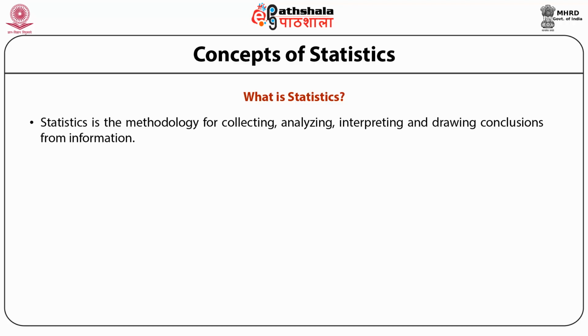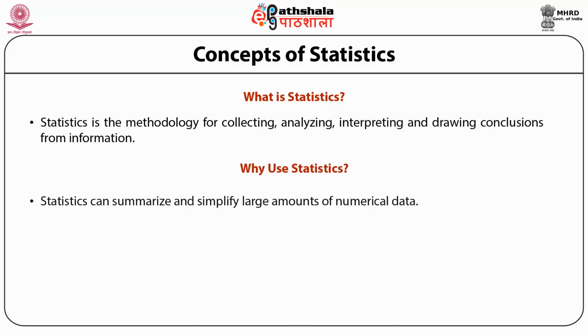Based on that, you have to find your own conclusion, and that is what all library researchers are also doing whenever they take help of any library statistical methods. So why should we use statistics in libraries? Statistics can summarize and simplify a large amount of numerical data.